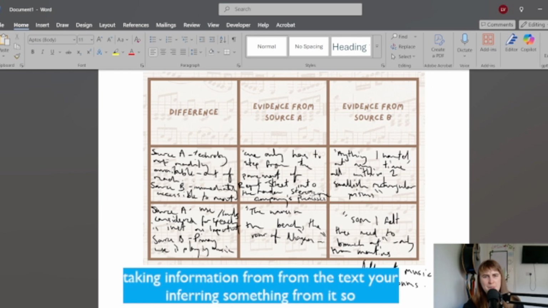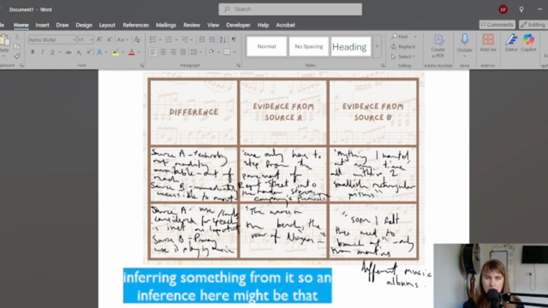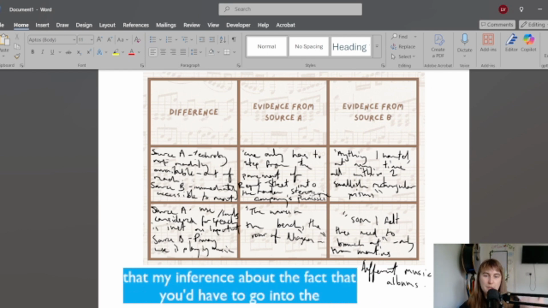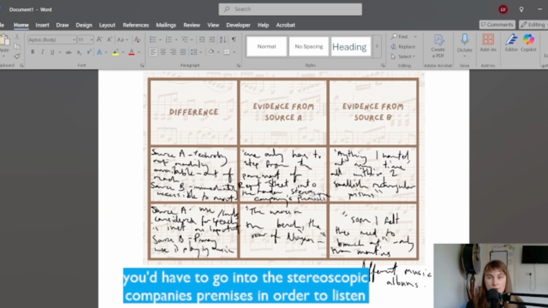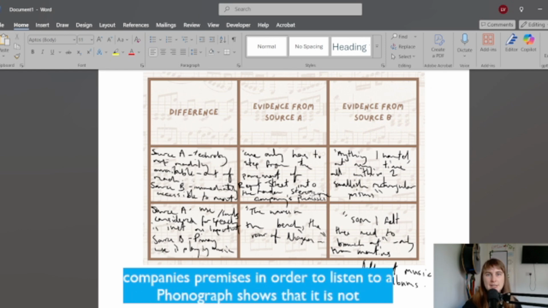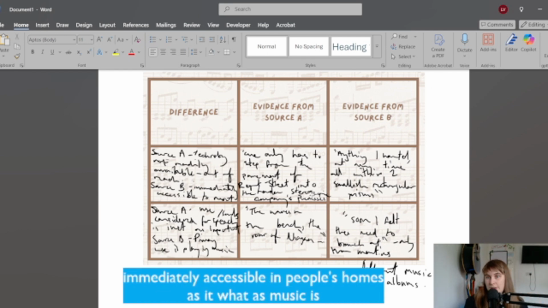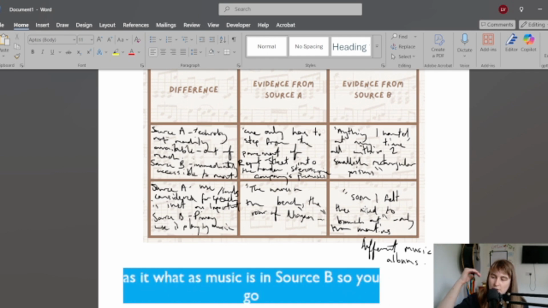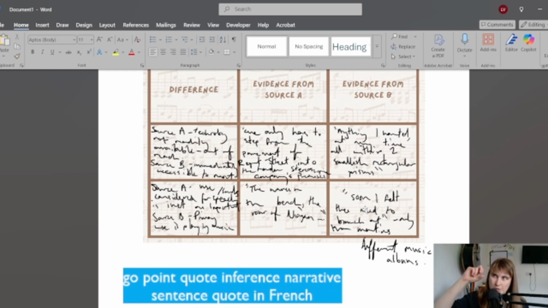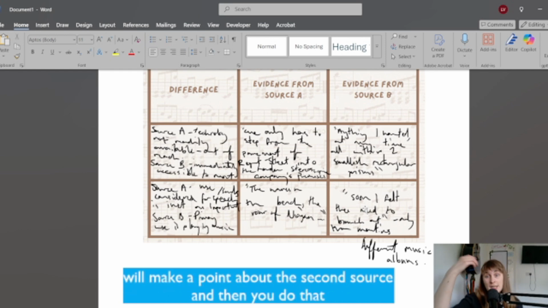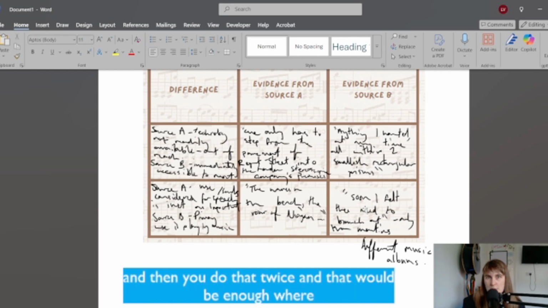So an inference here might be that my inference about the fact that you'd have to go into the stereoscopic company's premises in order to listen to a phonograph shows that it is not immediately accessible in people's homes as music is in source B. So you go point, quote, inference, comparative sentence, quote, inference. Because within the comparative sentence, you are making a point about the second source. And then you do that twice, and that would be enough for a summary comparison.